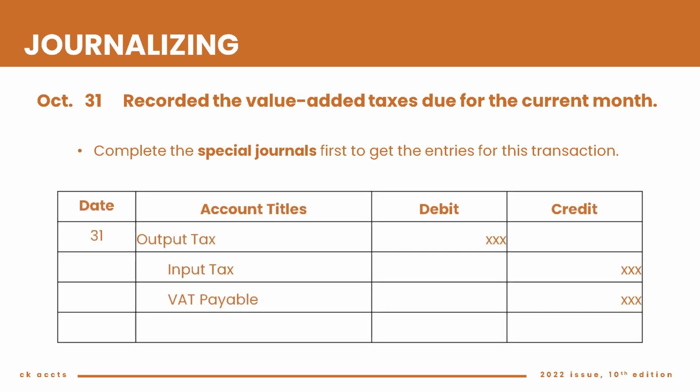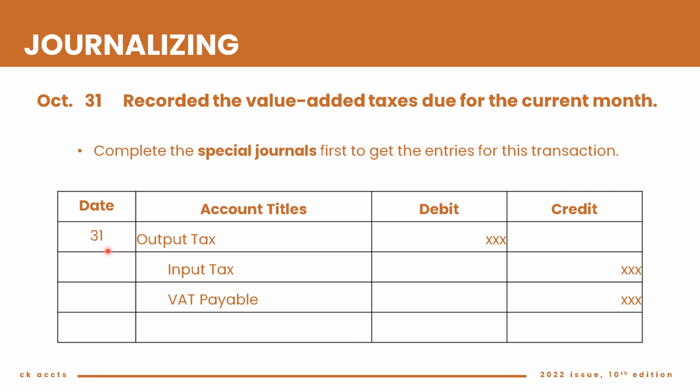Pero, ang magiging format nung journal entry natin for this one, we have debit output tax, credit input tax, and VAT payable. So, bakit ganito yung nagiging format niya? Kasi, kaya tayo nag-debit dito ng output tax, ang output tax kasi lagi yung kadikit nung sinasabi ko nga na sales-related accounts.